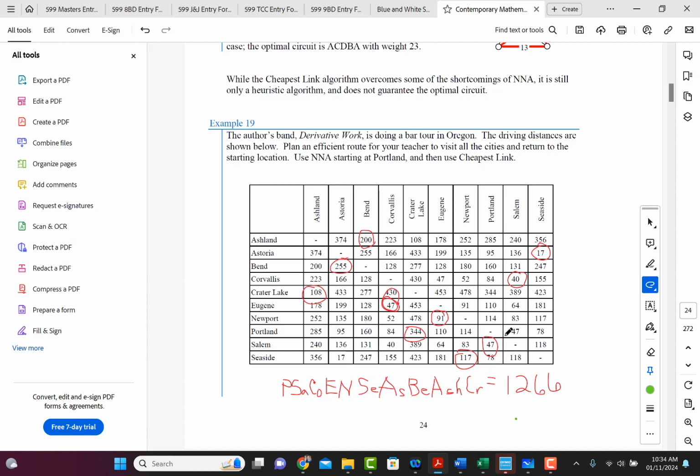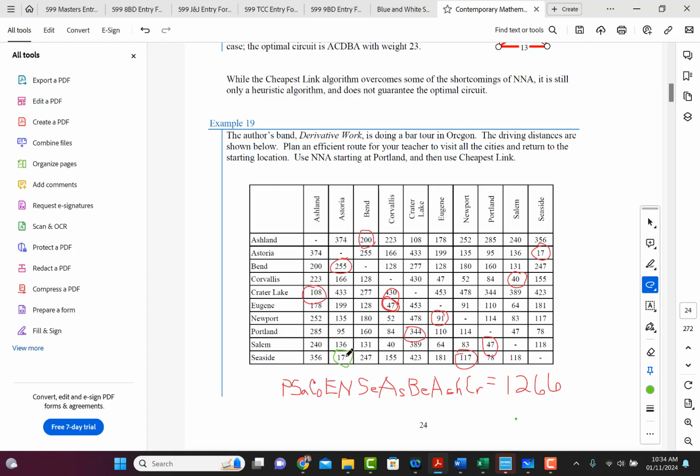Well, we've got 17 here, from Astoria to Seaside. Is there anything cheaper than that? No, there isn't. So let's start with this one here.